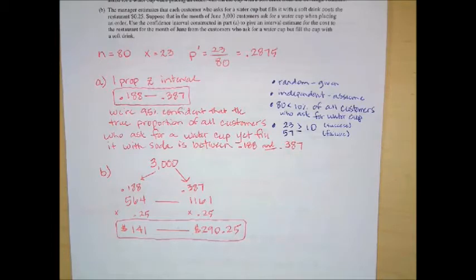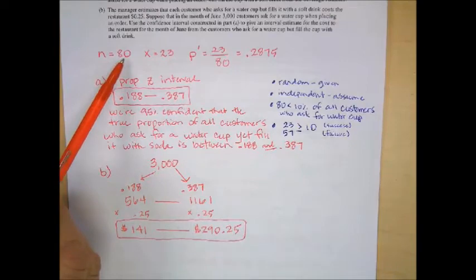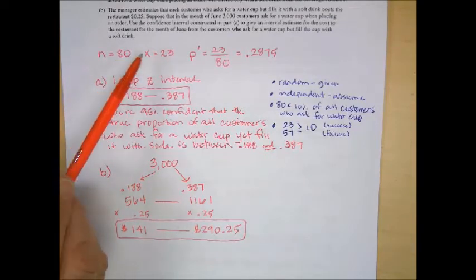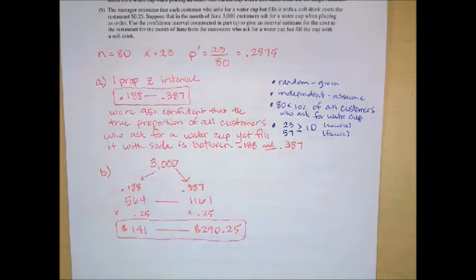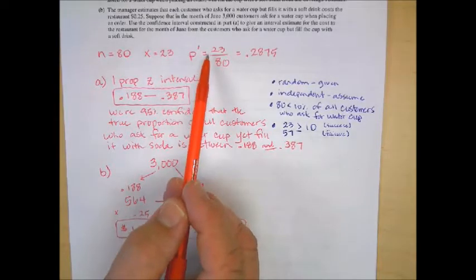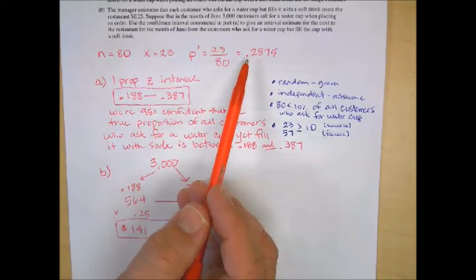They said in a random sample of 80 people who have asked for a water cup, 23 people actually filled that water cup with a soft drink. So that gives you a p prime right there. This is a proportions problem. The sample proportion is simply 23 out of 80, which is 0.2875.